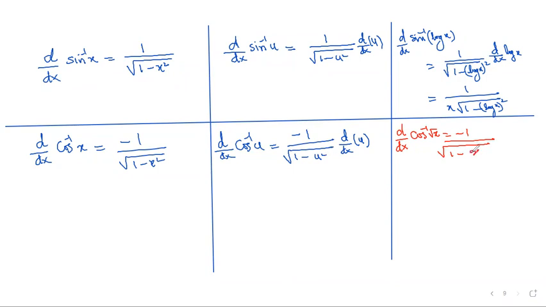So I can write into derivative of root x. So minus 1 upon root of 1 minus x. Do you remember what is the derivative of root x? 1 upon 2 root x.